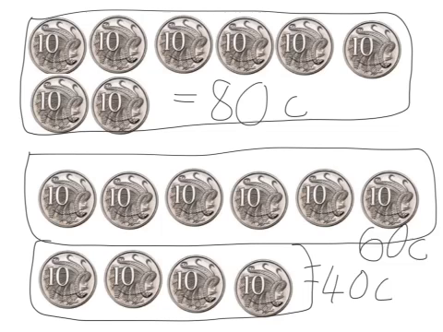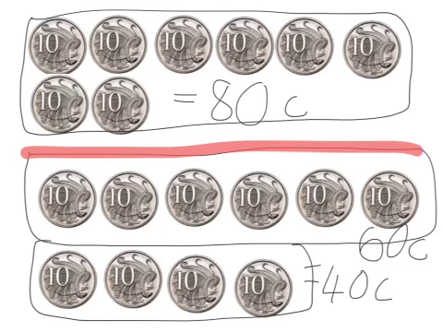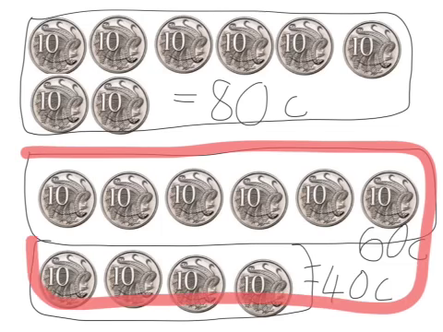Now if I were going to combine these two collections together, I would do the same thing, but there's something I'm going to teach you here. So I'll get my counter ready. 10, 20, 30, 40, 50, 60, 70, 80, 90, 100.